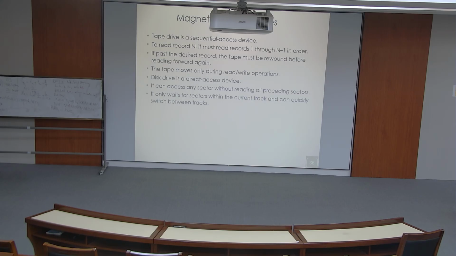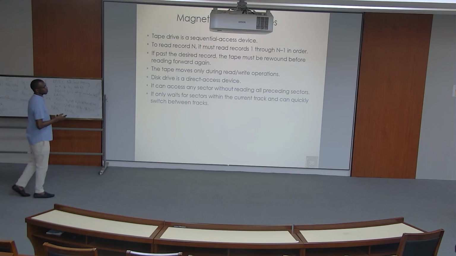Now, magnetic disks use what we call direct access devices. We have discussed the memory unit data access methods: direct access, sequential access, random access, and associative access.